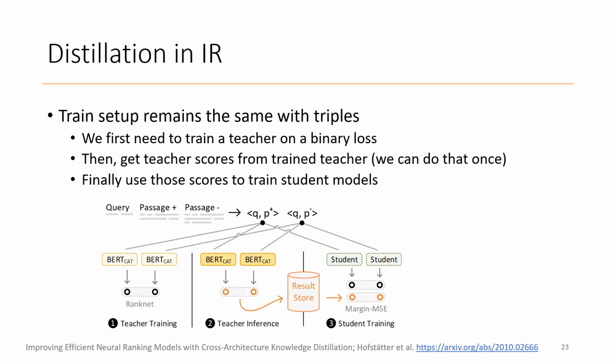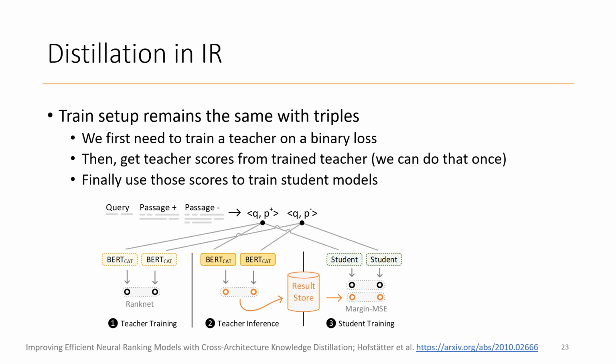Now, how do we set up distillation in information retrieval? The training setup remains the same, so we're still operating on a query, a relevant passage, and a sampled non-relevant passage. In our first step, we need to train the teacher model on a binary loss, because we don't have fine-grained labels yet. And then in the second step, we run teacher inference, for example, with the BERTDOT model, because that's the most powerful model that we generally have available.